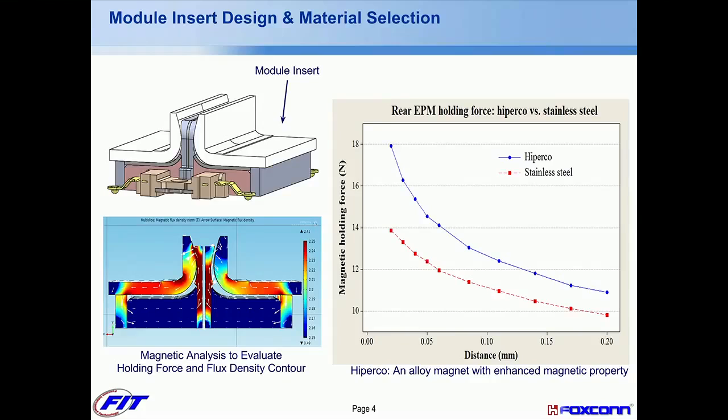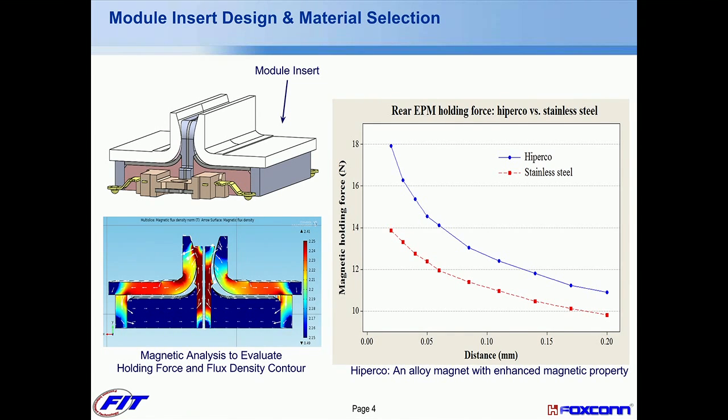In the development stage, all EPN and module insert designs need to go through the magnetization analysis to make sure of the switch function. Also, the magnetic force analysis to meet the holding force requirement.